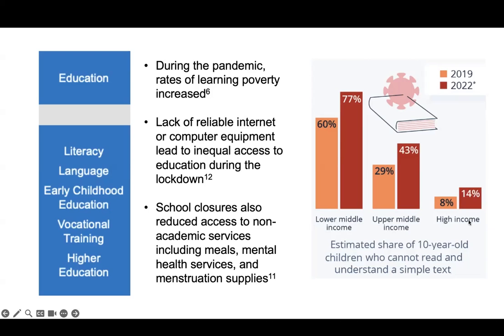And then in higher income or more developed countries, we also saw that this almost doubled from 8 to 14%. Additionally, a technology desert, or a lack of reliable internet or computer equipment, led to unequal access to education in many areas when schools were not being held in person.